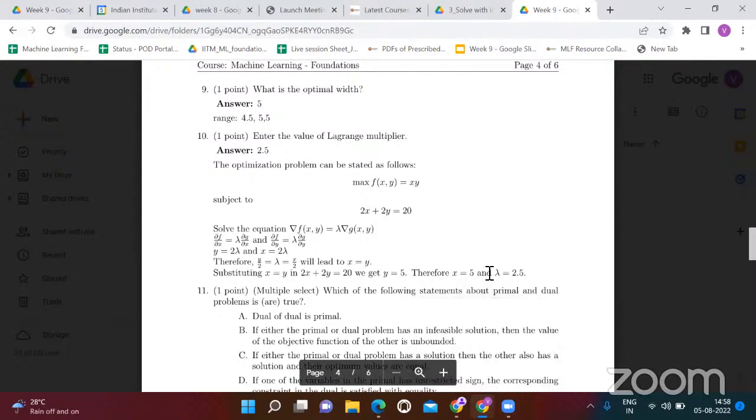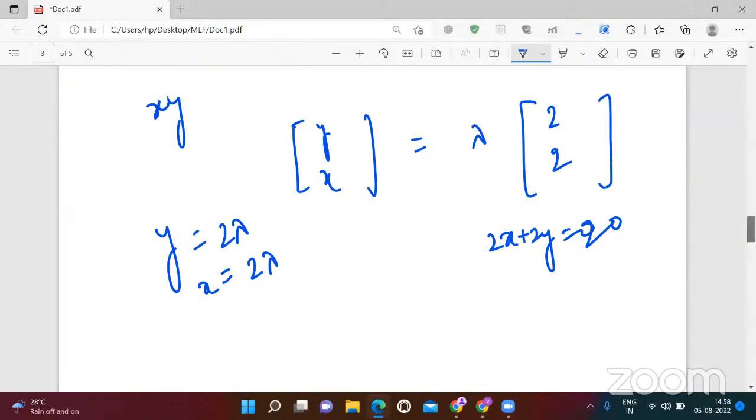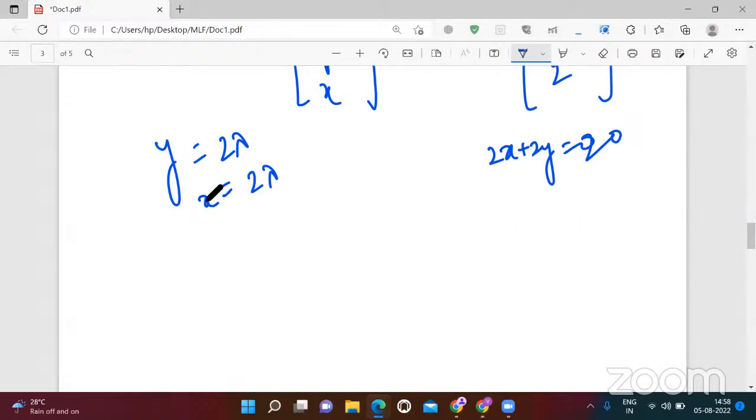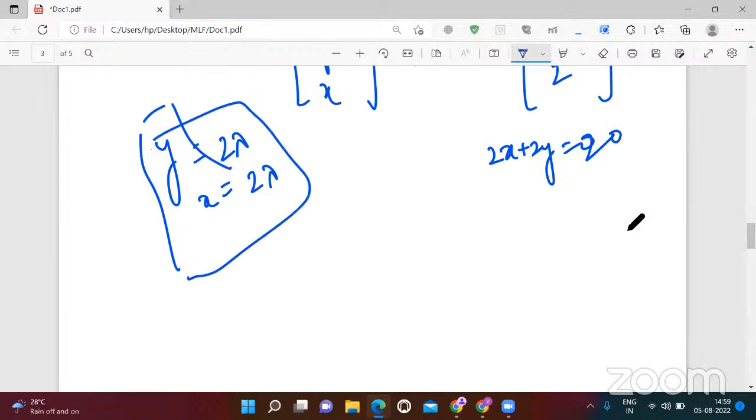That's fine. So if you are getting the same thing here, y and x are equal.